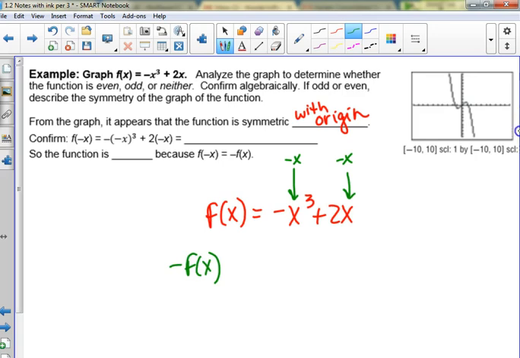So let's see what happens. If I replace this, there's a negative 1 out front that's already there. In place of the x, I'm going to write the opposite of x cubed plus 2 times the opposite of x. All right, what happens here? What is a negative x to the third going to do?